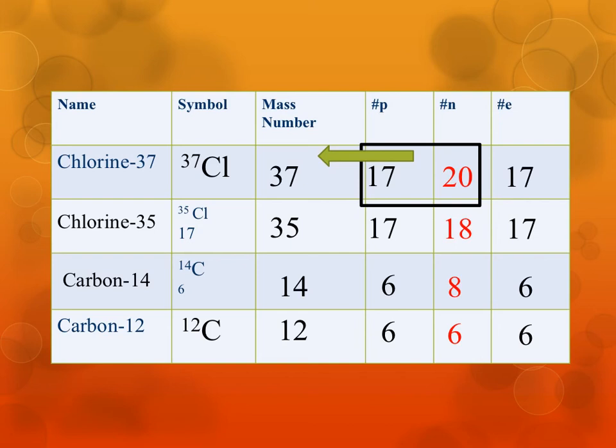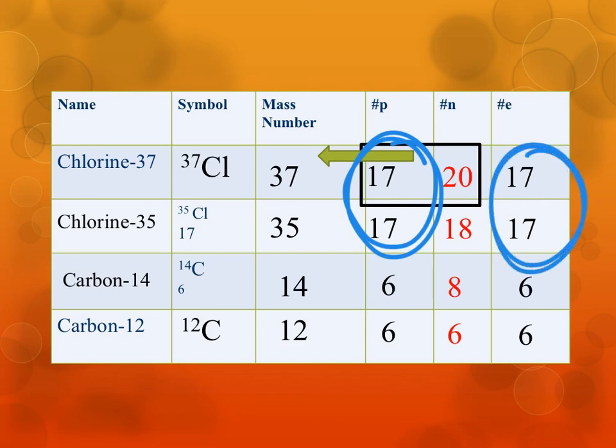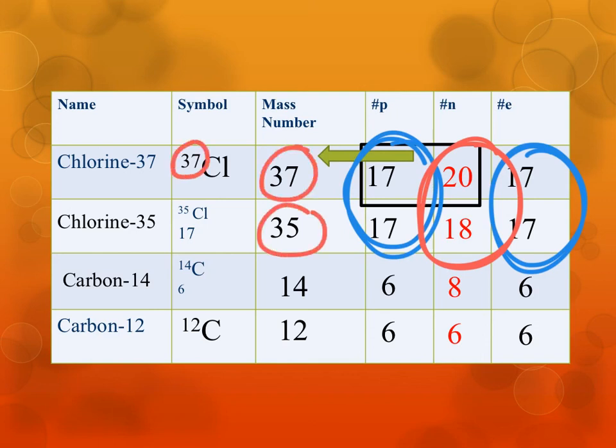If you check out this chart, it shows a few more examples of isotopes and what's in common and what's not. Check out chlorine. They both have 17 protons and 17 electrons, but their neutrons are different, so their masses are different. Their atomic numbers are still 17, and we should write that 17 on that one.